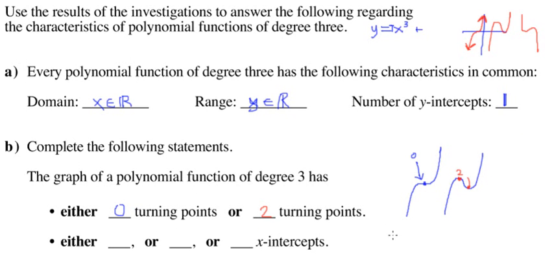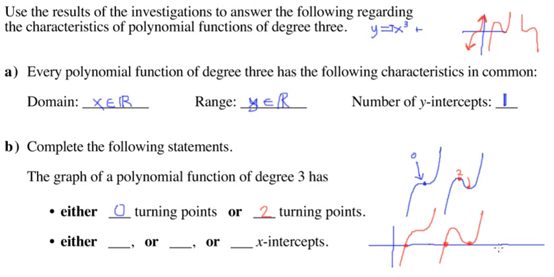And for x-intercepts, well, a cubic can't avoid hitting the x-axis. It's going to do it once, but it can do it more than once. Here are the possibilities. A cubic can do this. It just crosses the x-axis and then carries on. A cubic can come through the axis, double back, just barely catch the axis again, and then carry on. So two x-intercepts.